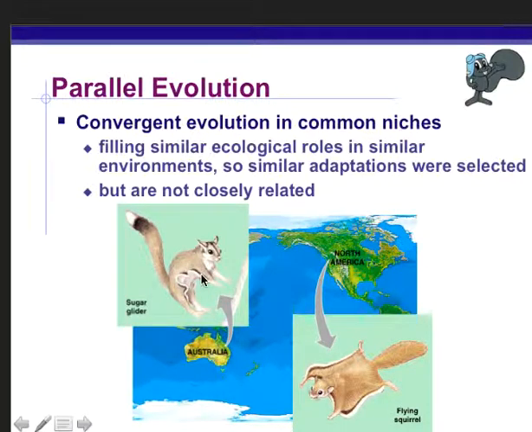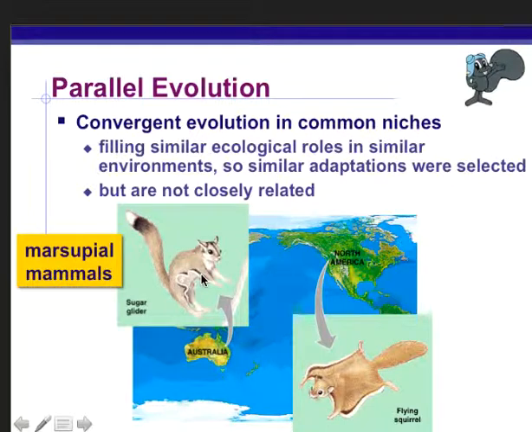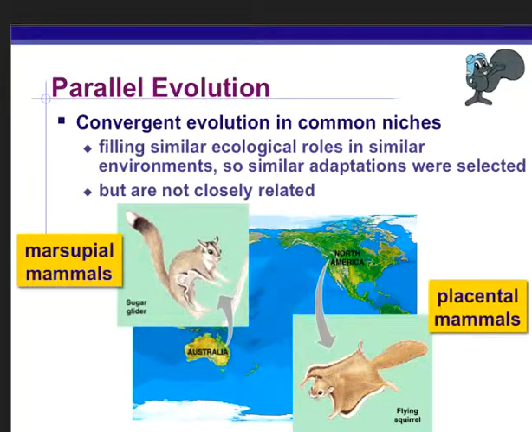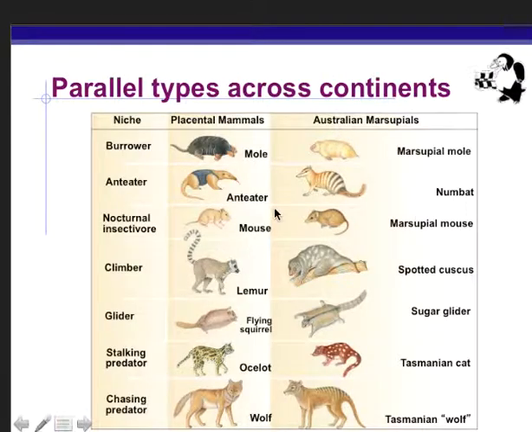And so they evolved similar structures, similar abilities without a common ancestor. Marsupial mammals all have one common ancestor to one another, and placental mammals all have one common ancestor to one another, and yet we have all of these different niches that they have fulfilled.